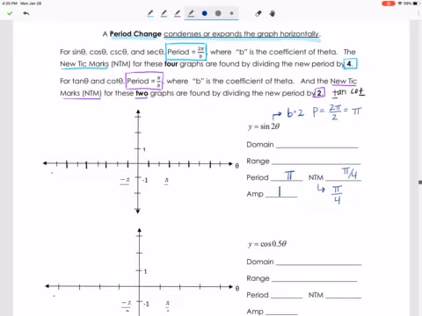Sine always starts at 0. So we move from 0 up to 1, back to the line, down to -1, and back to the line. All right, back up to the line, -1, to the line. All right, we can sketch.